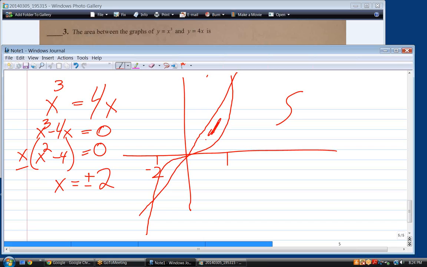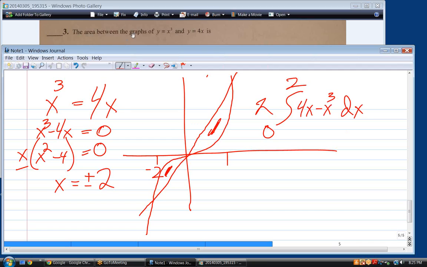In other words, they didn't say just that area. If I'm looking at these two curves, the area between the two graphs is both of those, right? Mm-hmm. So what's the answer got to be? That would be 0. Well, it's 0 if this is considered a net negative area, but I'm not sure that it is. It actually would be 2 of these. I'm pretty sure the answer is going to be 2 times the integral from 0 to 2 of 4x minus x cubed dx.